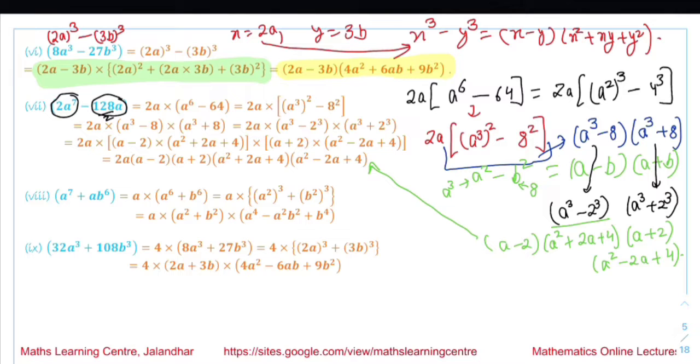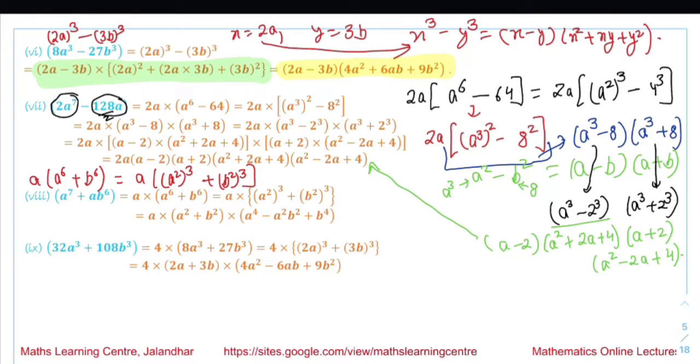Similarly, in the next question, when you take a common from this term, you are left with a raised to the power 6 plus b raised to the power 6. Now we cannot apply the formula a square minus b square over here, so we change the terms in the form of cubes. So this is equal to a into ((a square) cube plus (b square) cube).